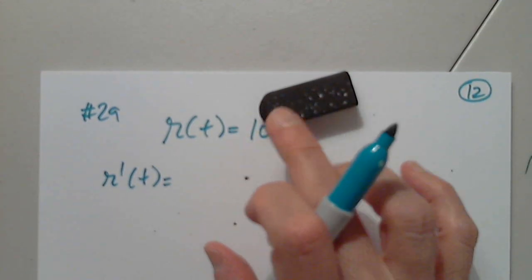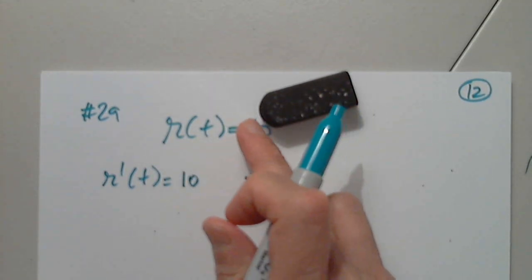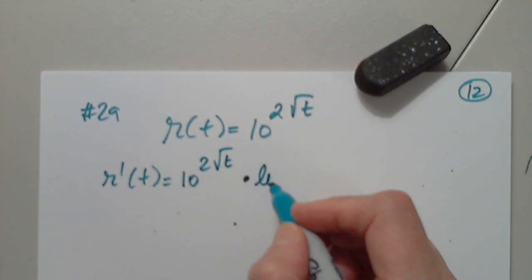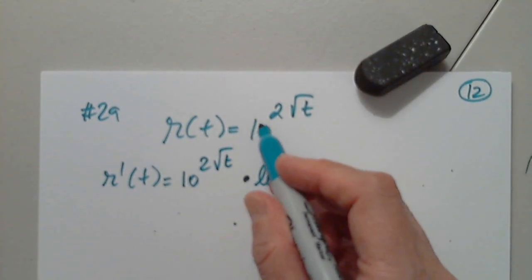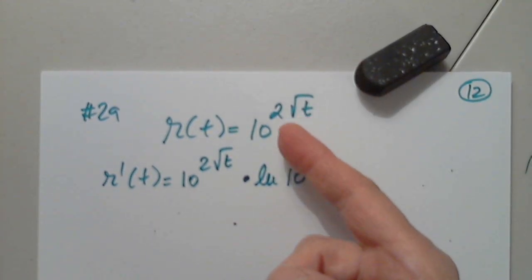How do I differentiate 10 to a function? Well, I have 10 to that function times natural log 10, because it's not e, times the inner function prime.